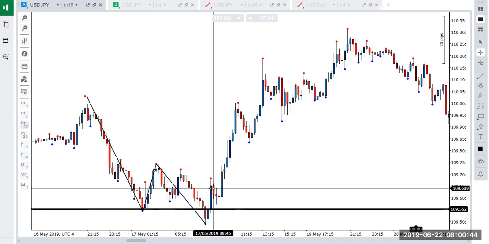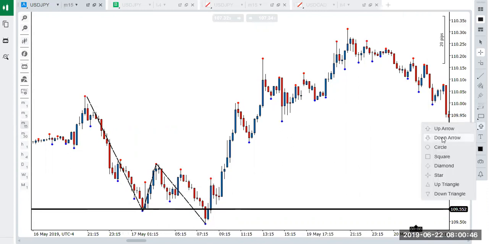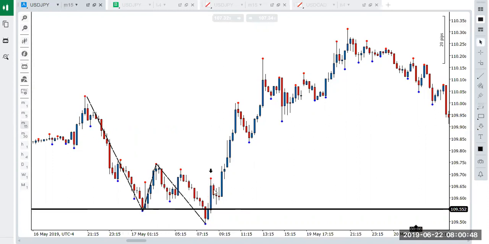So we really got a confirmation on this bar right here, which closed back above our trigger price, okay? Had it been this bar that closed above, we would have entered here.